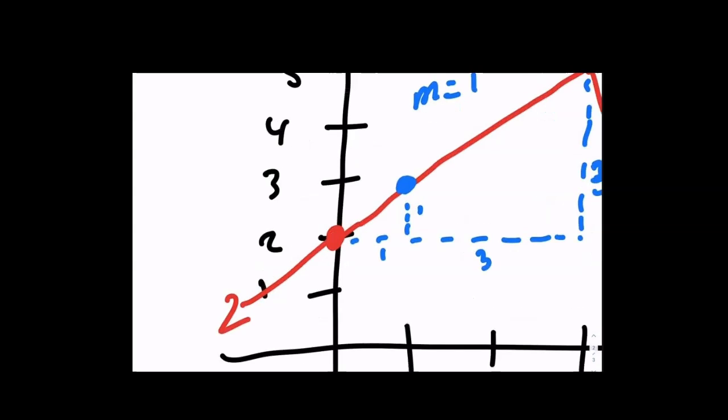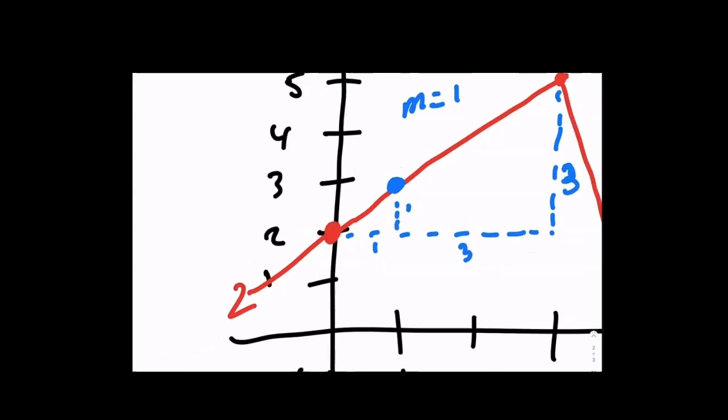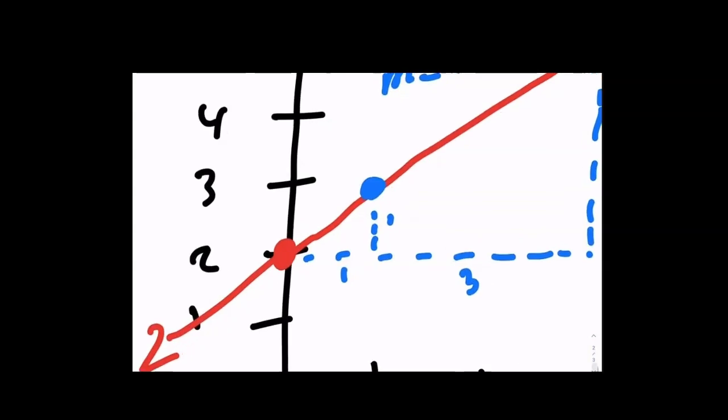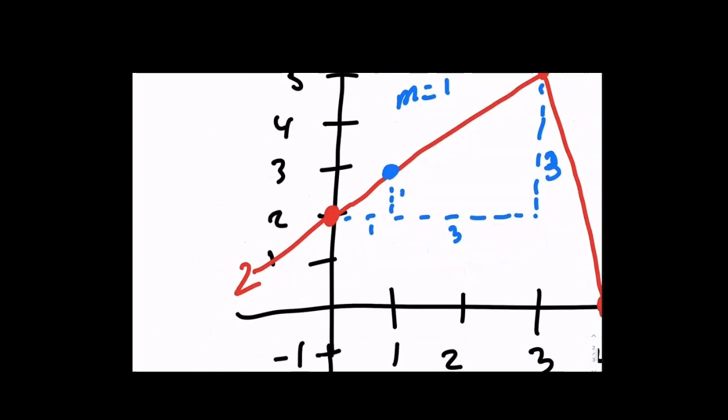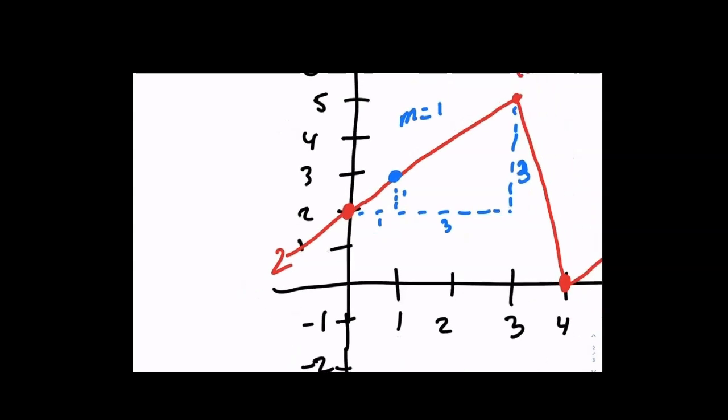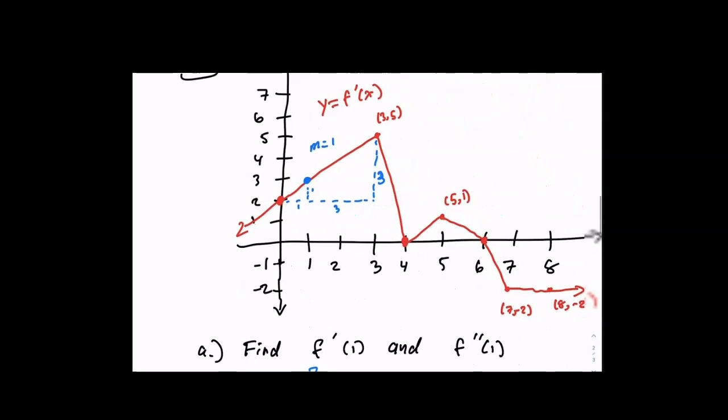What is the value of the output of the graph at x equals 1? This is a middle school question in essence at this point. What is the output when the input is 1? It's 3. When x is 1, the output is 3.